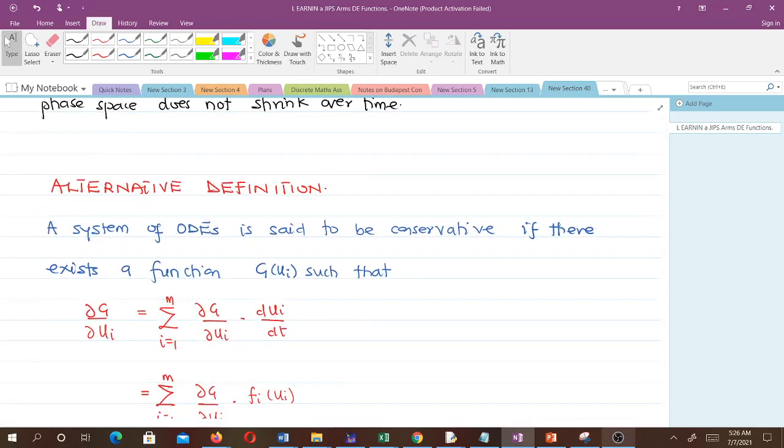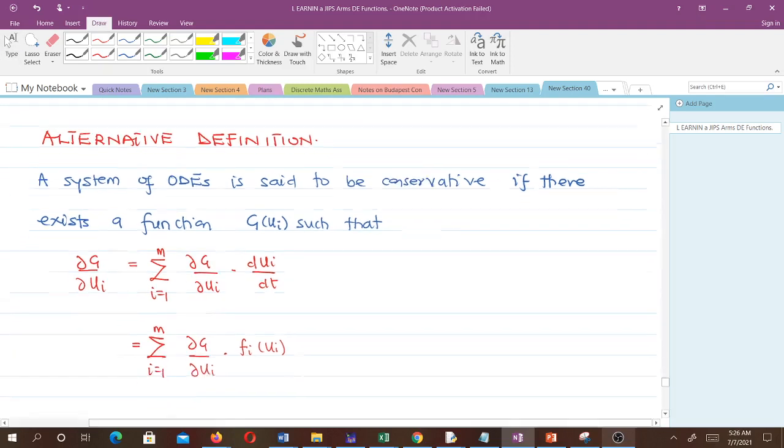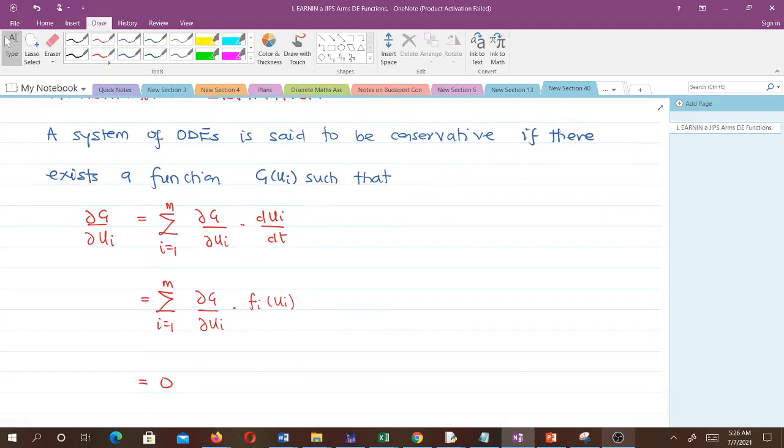Mathematically, when we say a system is conservative, it means that when you have a system of ODEs, it's said to be conservative if we have a function g of ui such that the following equation holds.